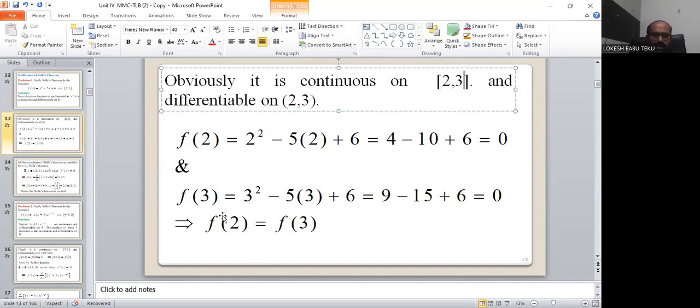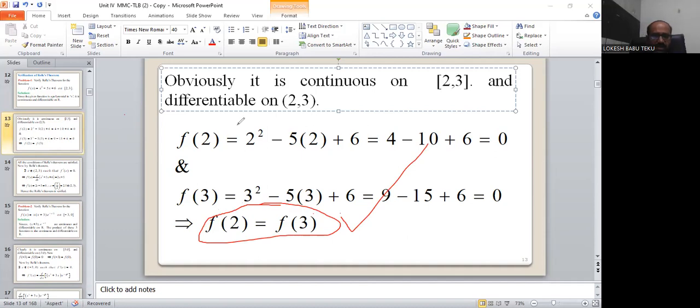So f of a equal to f of b. Third condition also over. Right?